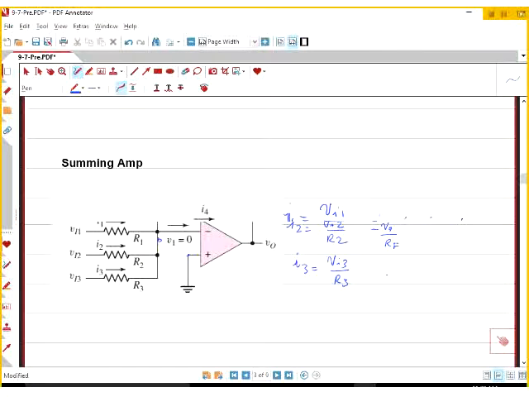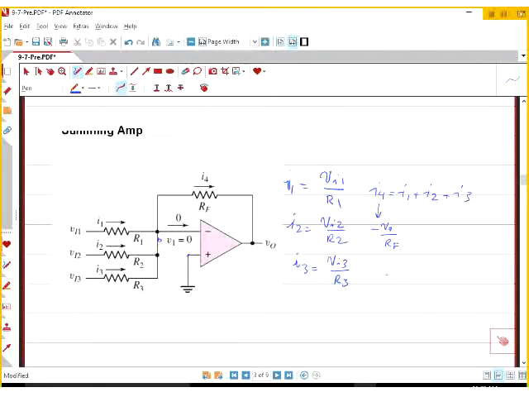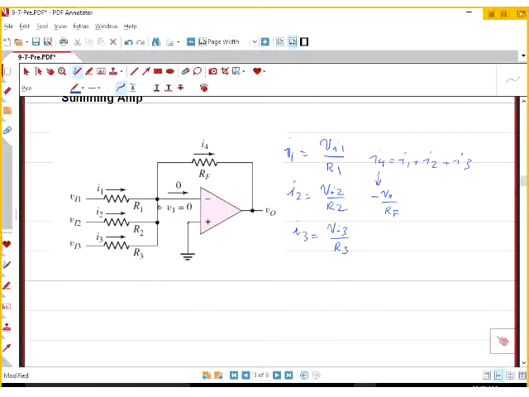If you replace everything in that equation, you're going to get the gain equation, and your gain equation is minus RF multiplied by VI1 divided by R1 plus VI2 divided by R2 plus VI3 divided by R3.